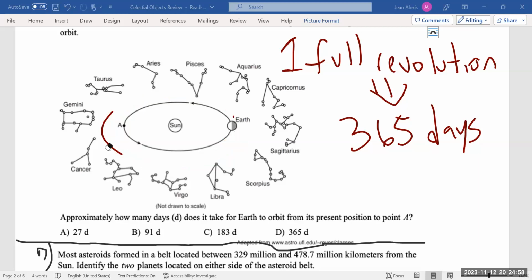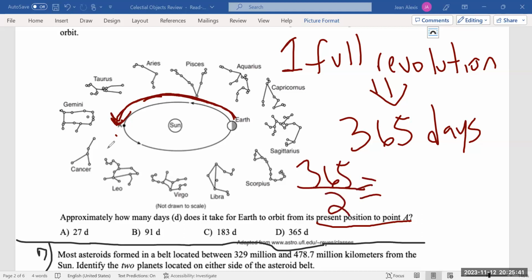However, one thing that's very interesting is the fact that the Earth going to position A is only halfway through its path. So instead of completing the full orbit, which would be 365 days, the Earth just takes a path that's about halfway to A. So I need to know what is half that time period. 365 days is for the full revolution.